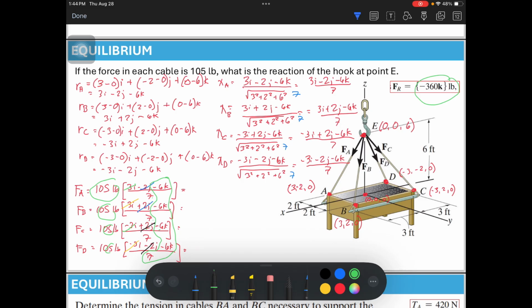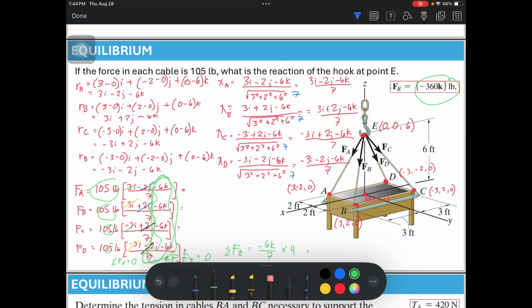So we do the summation. The summation of Fx is equal to 0. The summation of Fy is 0. We only sum here: the summation of Fz is equal to negative 6k over 7 times 4, because when you add them up they are all negative 6k over 7.